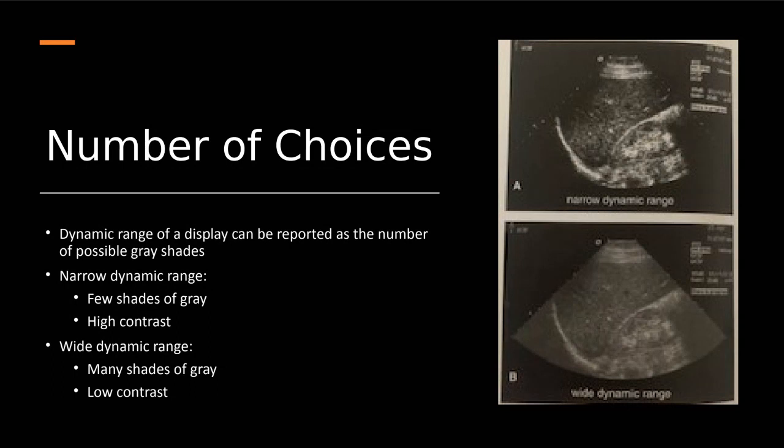We don't have as much space within those confines to process that information. So it's going to result in higher contrast, more black and white, because we don't have as many shades of gray to represent. Whereas that wide dynamic range: low contrast, many shades of gray, better contrast resolution.